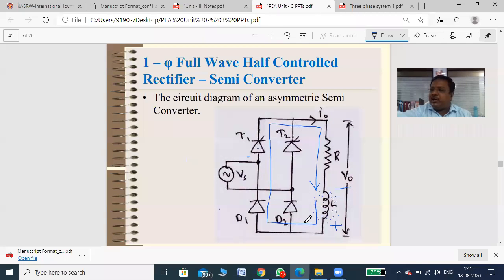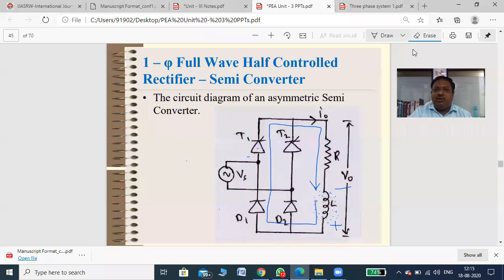D1 and T1 act as a freewheeling component, and it will freewheel the current from the inductor, then D1, T1 back to the R, and so on. So whatever energy is fed from the inductor to the supply is blocked, right? So this is the first part.